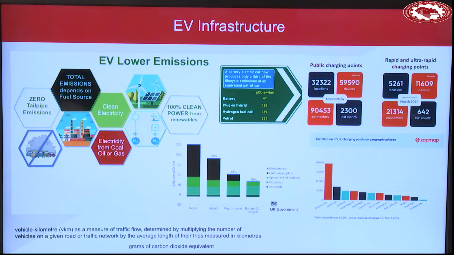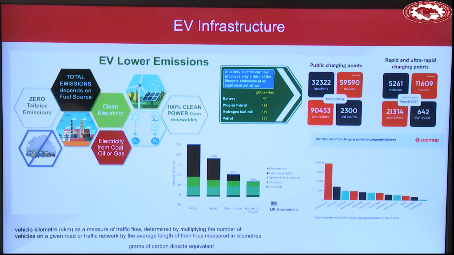We have two types of chargers. One is public, like general chargers. The others are rapid chargers that can quickly charge the batteries. Some are more regular, but there's always a trade-off when it comes to charging. A rapid charger will charge quickly, but it reduces the life of your battery. Faster charging doesn't mean it's good. Regular chargers take time, but they don't destroy the life of the battery.